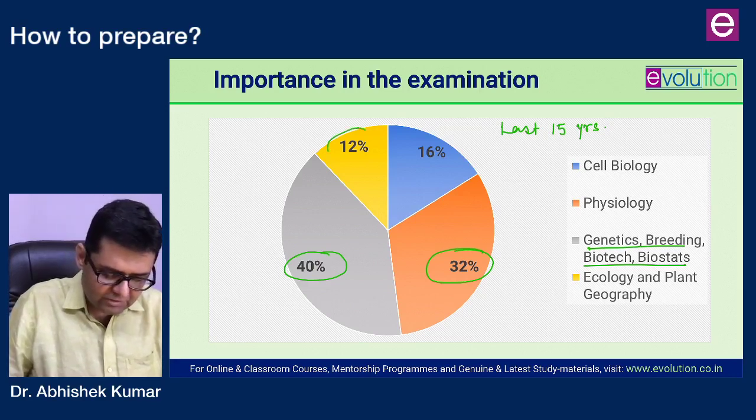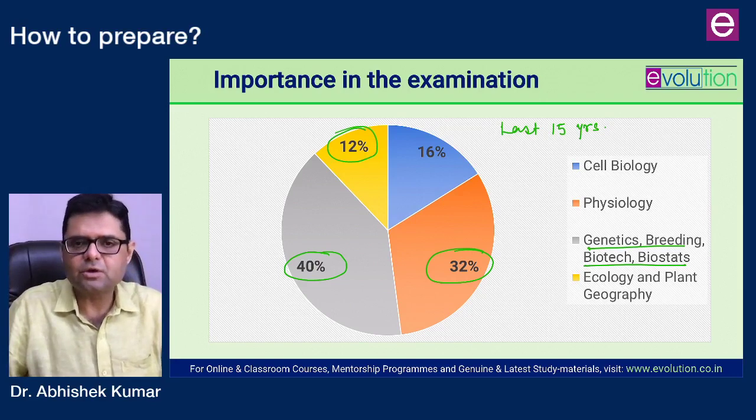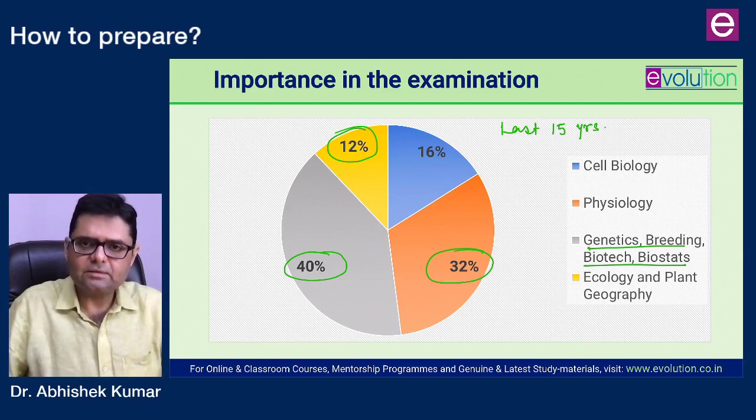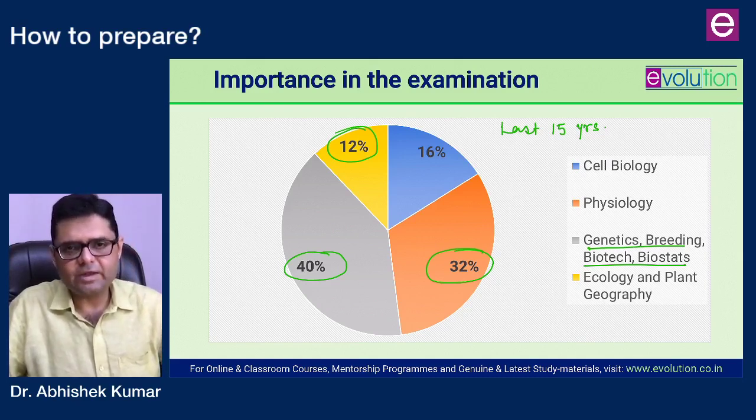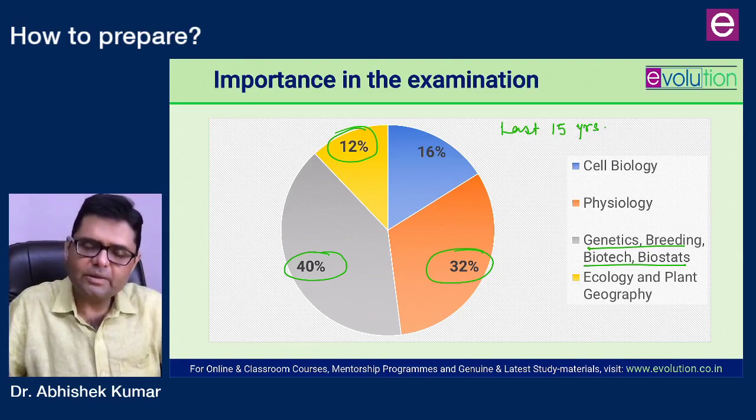So ecology and plant geography gives you only 12% of total questions asked in paper 2. That is what the last 15 years analysis shows. This weightage can shift a little from year to year, but this is the long time scale average weightage that's been given. One thing is very clear, that genetics is a very important area and it cannot be ignored.